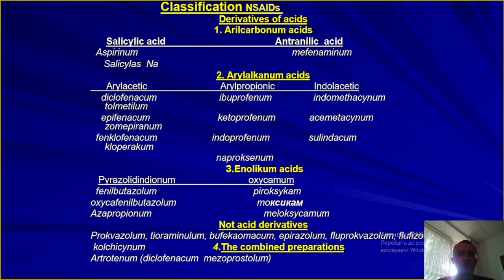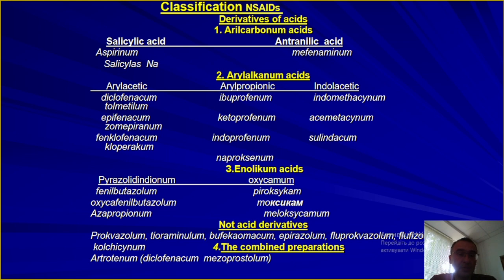So if you don't receive a good result, change to etoricoxib or xefocam, so you must change the pharmacological groups. That's why it is very important to know these pharmacological groups and the most widely used remedies among them.